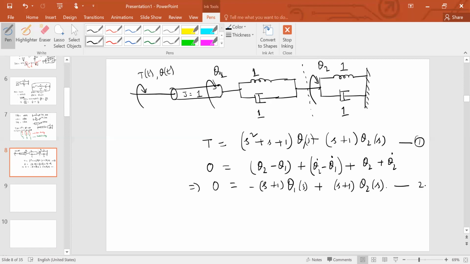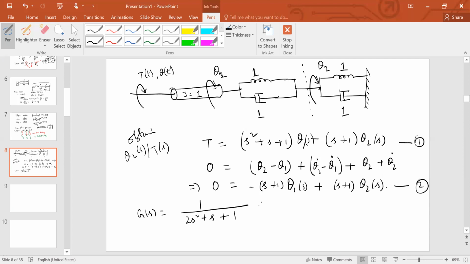So this is my equation 2. Now if you want to solve for the expression, the question was to obtain theta 2 of s over T of s. Again, I leave it to you as an exercise to check that this G of s turns out to be 1 over 2s squared plus s plus 1.